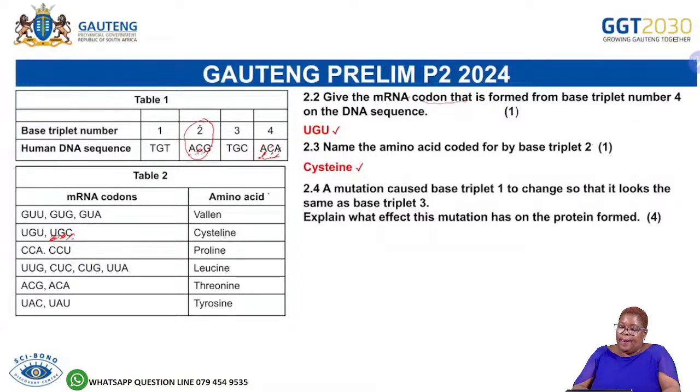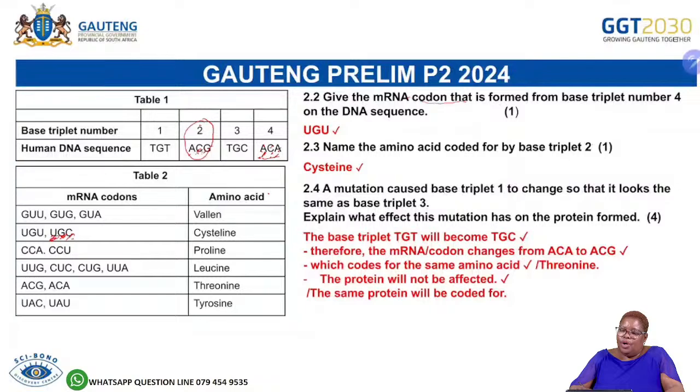All right. A mutation causes base triplet 1. Remember, we are looking at the effect of mutation on the sequence of the protein being formed. Right? So, mutation causes triplet 1. Where is our triplet 1? It is TGT, okay? TGT, I'm sorry.